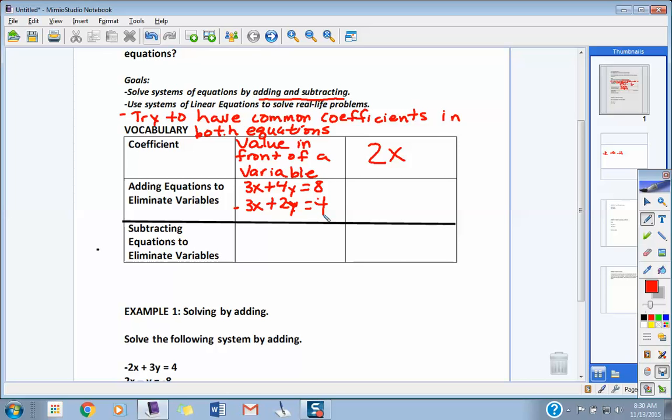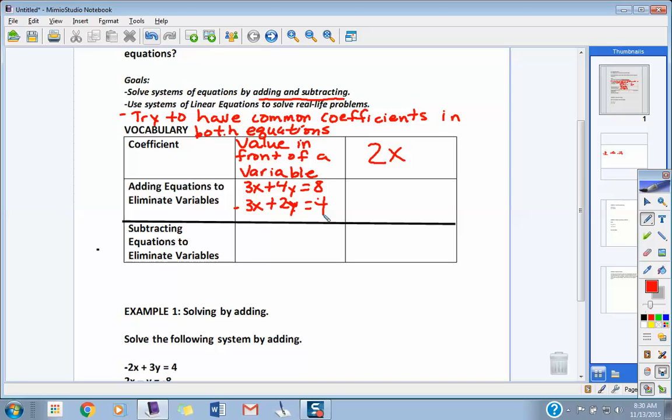So, secondly then, we're talking about this idea of adding equations to eliminate variables. Now guys, as I take a look at those 2 equations, specifically the variables x and y, is there a certain variable that has maybe something close to the same coefficient in it? Which one, Nolan? Okay, so the x's.